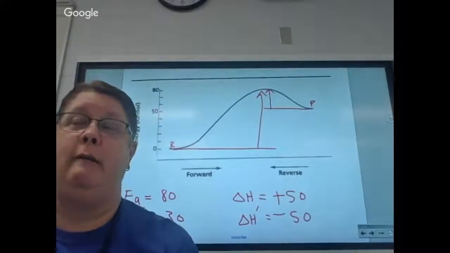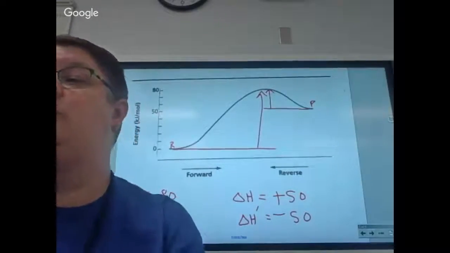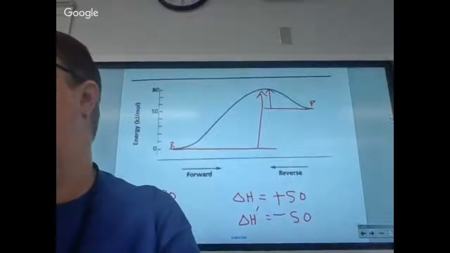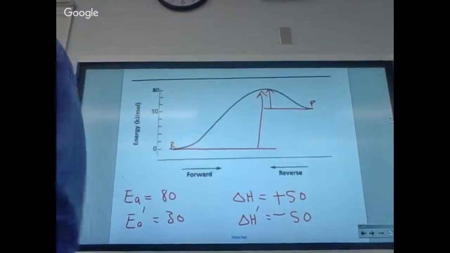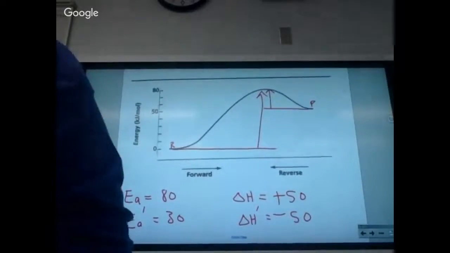Anybody else? Question? So everybody's good on this one. All right. The last one that we have to do then is the entropy worksheet. All right. Figuring out if it increased or decreased.